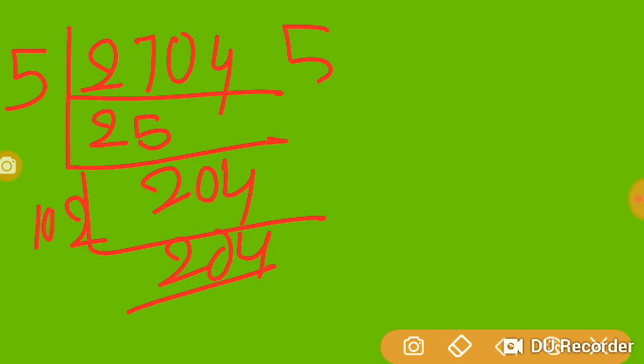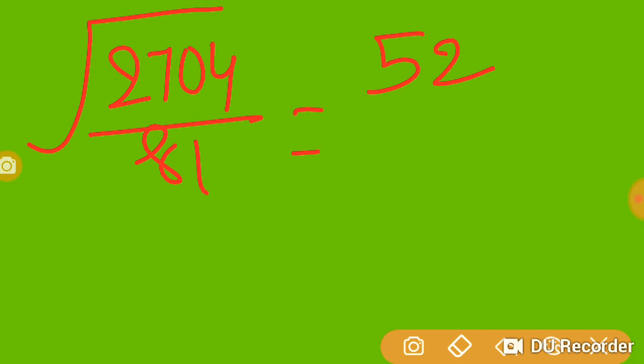So 5 and 2, 52. Here our fraction was the square root of 2704 by 81. As we know, we find 52 by 9. So this is the answer.